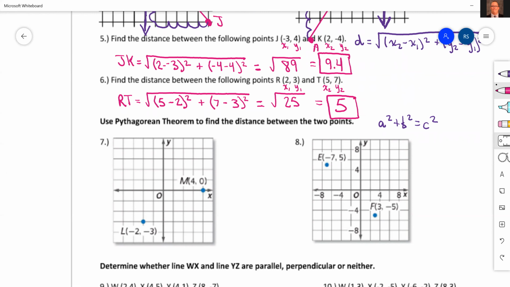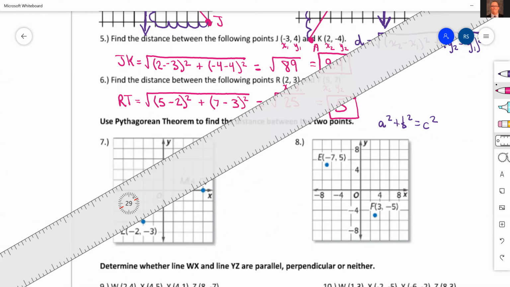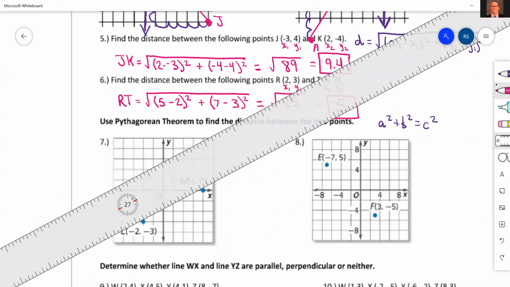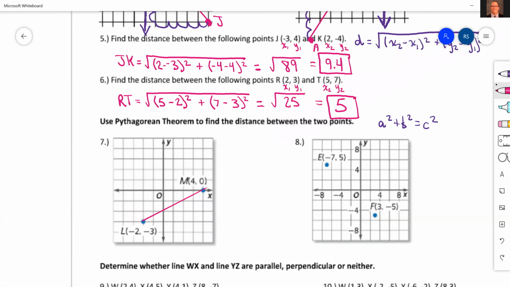So I need to connect my points here. So on 7, I'm finding the distance of ML.